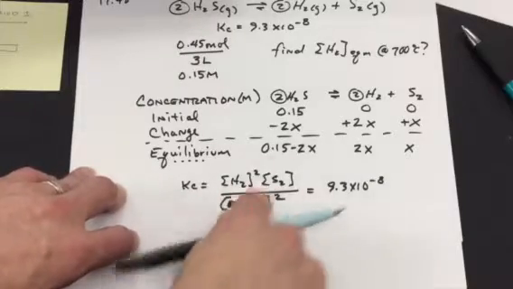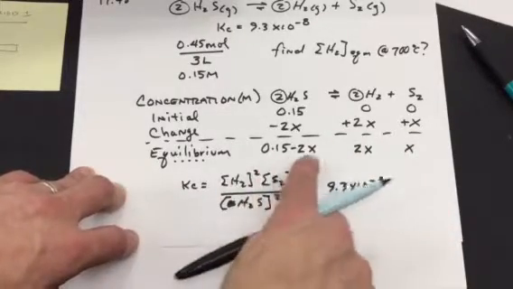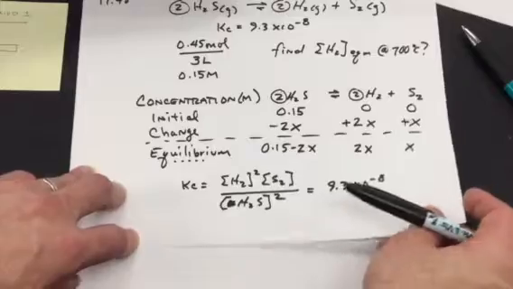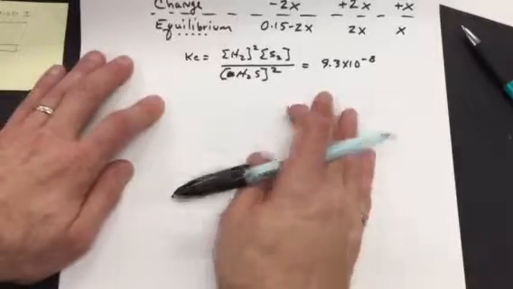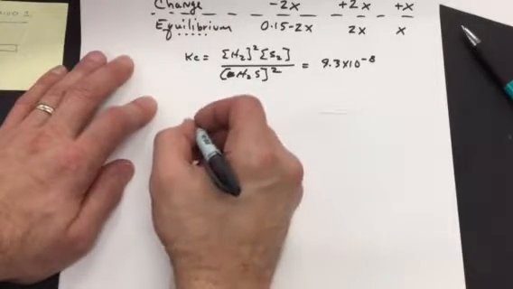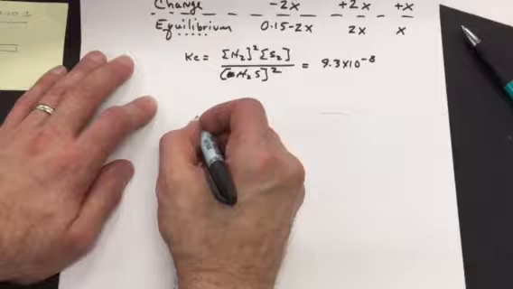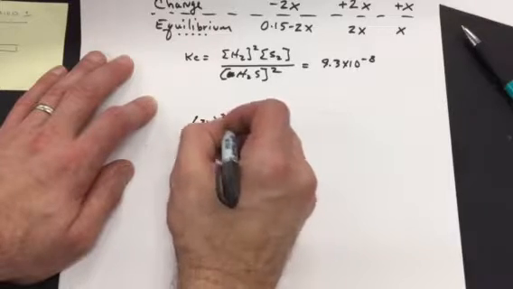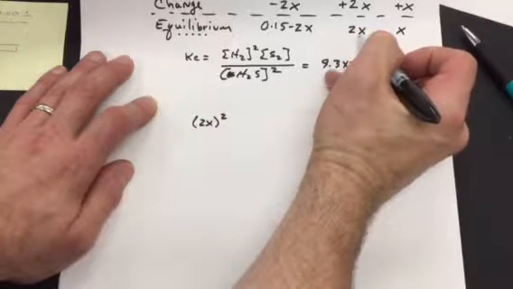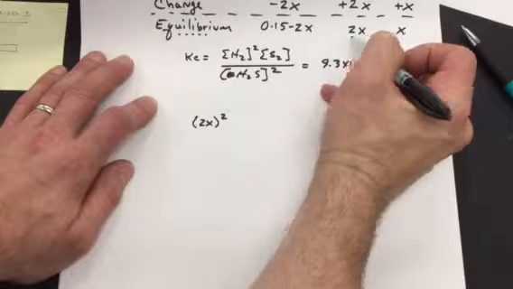Okay, we don't know these values, but we have an expression that has things in terms of x, so you would guess that we could substitute and solve, and that's what we're going to do. So we will then substitute in for H2, 2x squared, because that would be the equilibrium concentration.